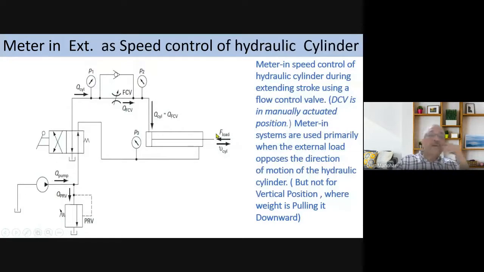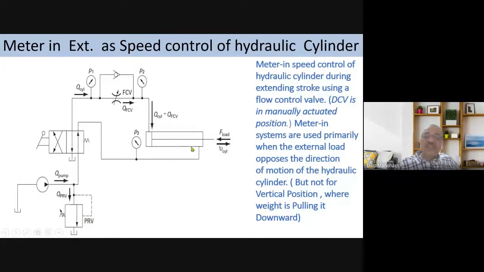Now, I have given one example of meter-in extension as speed control of a hydraulic cylinder, just to show how we control the speed of the cylinder by using a meter-in circuit. Here the pump flow is directed from here and is going to the rod end.